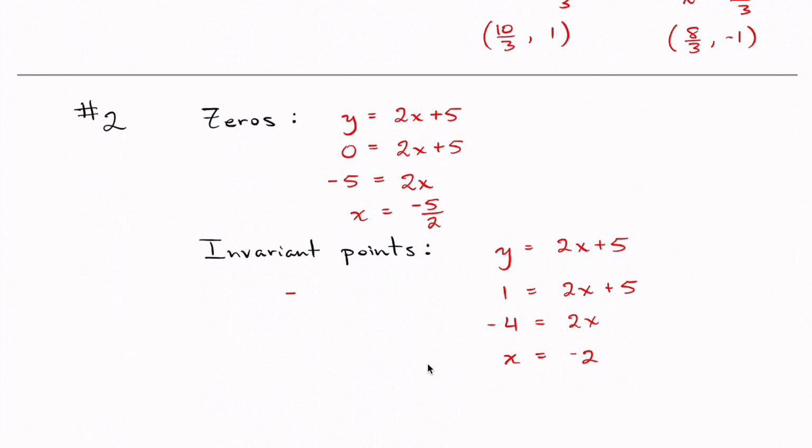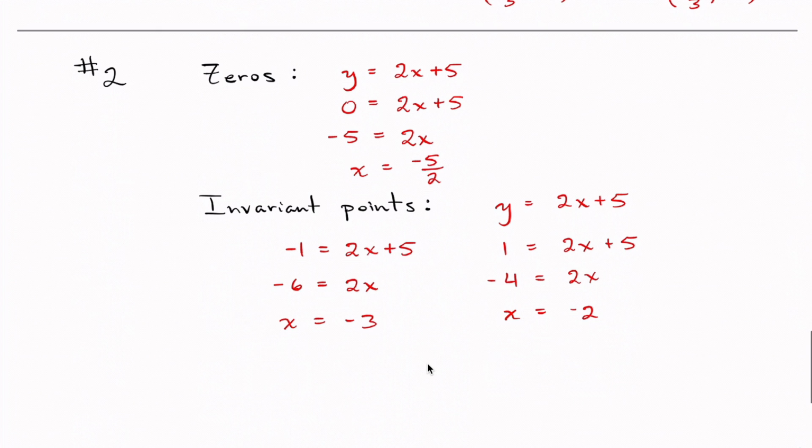I'll do the -1 right over here on the left. 2x plus 5. So again, subtract 5 from both sides. Get -6. And then divide both sides by 2. So we get x equals -3. So these points, this left one, when x is -3, the y was -1, right? -1.